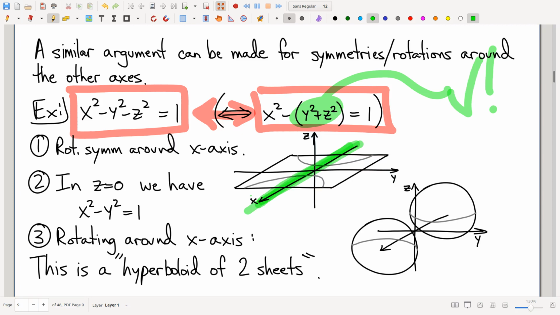All right? If it's rotationally symmetric, I can pick any cross-section containing my axis, understand it in that one cross-section, and then rotate around the axis. Same idea as in our last two examples, just a different rotational axis.